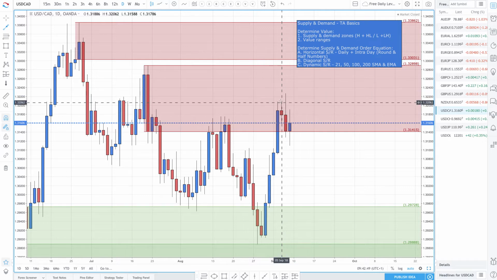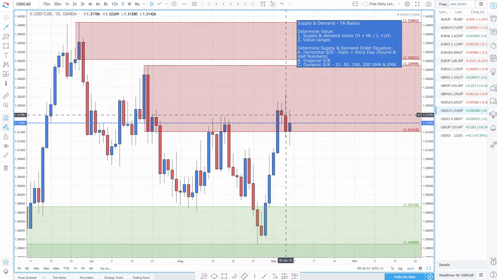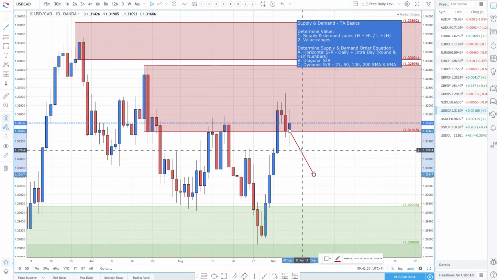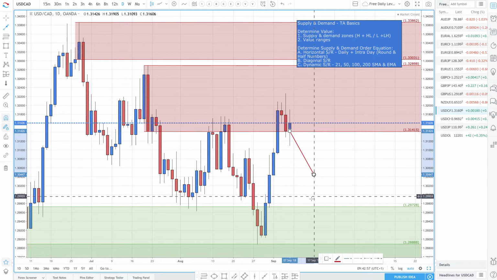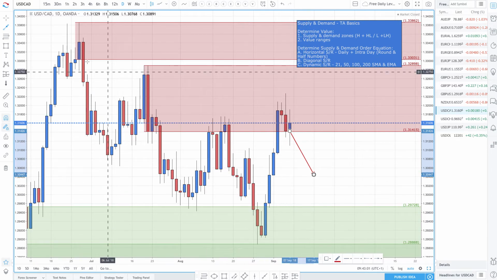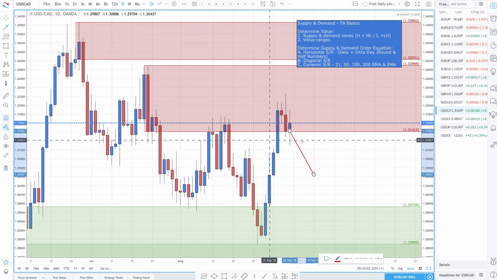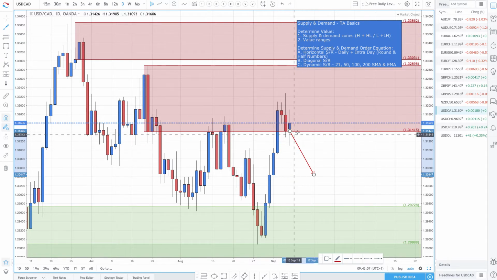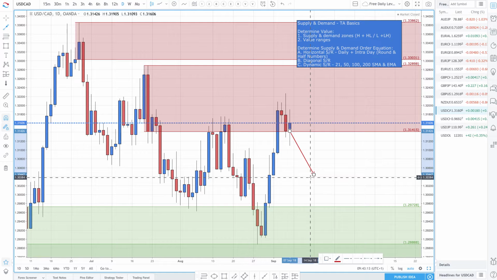But again, if you just trade technicals, then this could be a potential short. And that's not to say that this can't go down anytime soon. Just be aware that the dollar is the stronger of the two, so we'll be taking advantage of more profit taking rather than increased Canadian dollar strength at the moment.